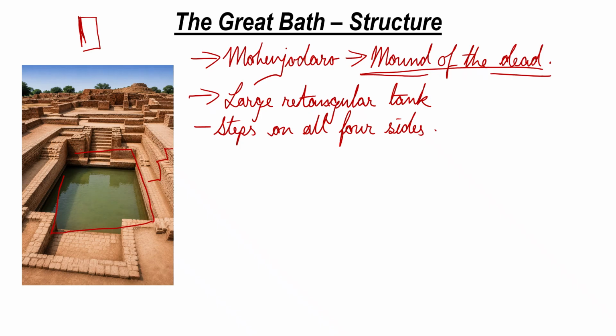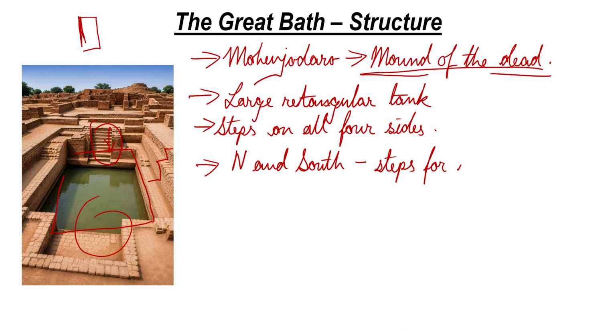Now some steps are to show the layers of water and some steps are for the humans to climb down. As you can see here in the north and south end, we have steps for humans to descend. So in the north and south, we have steps for people.